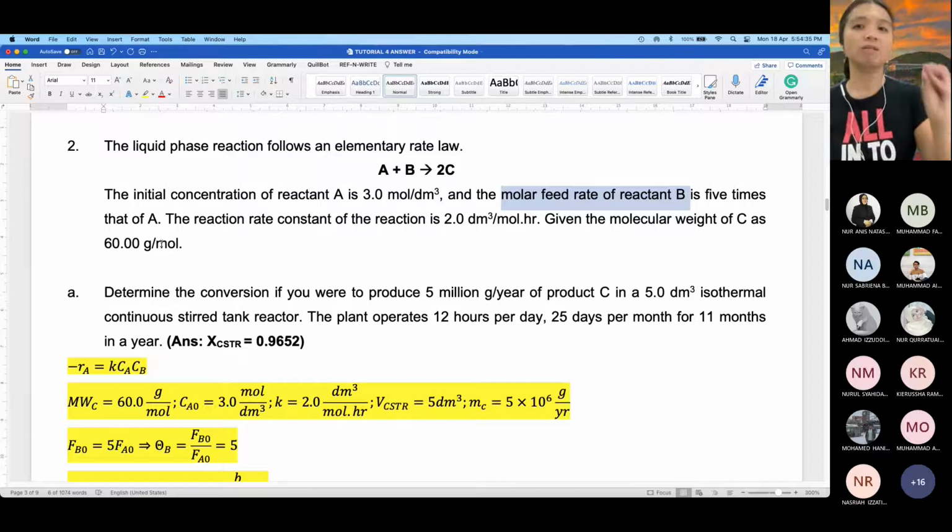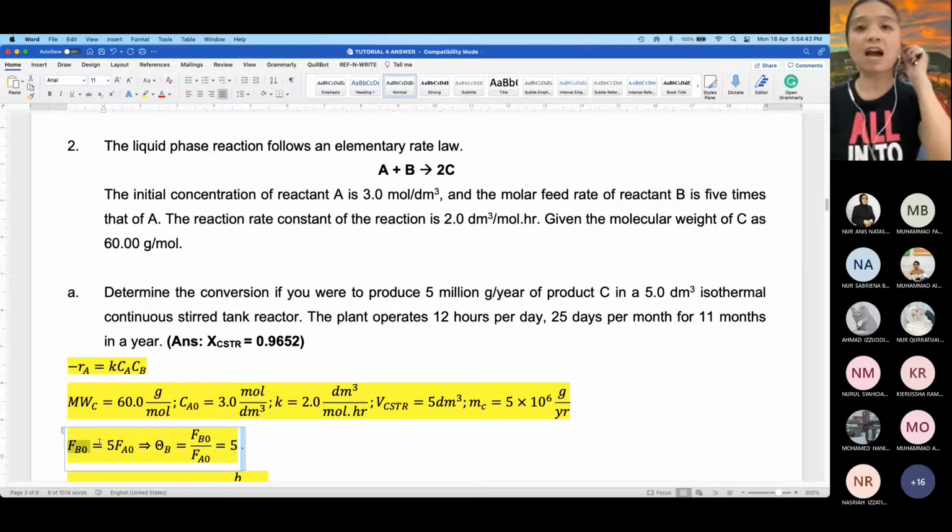So FB0 sama dengan 5 kali ganda molar feed rate of A. So FB0 sama dengan 5 FA0. So kamu tengok daripada satu ayat tu, macam mana kita nak derive information tu dalam bentuk simbol. So FB0 sama dengan 5 kali ganda FA0.